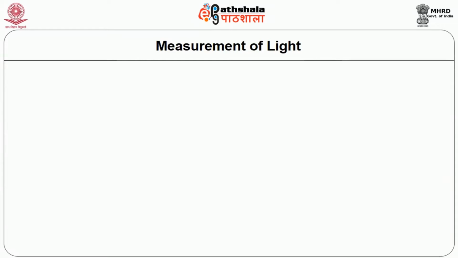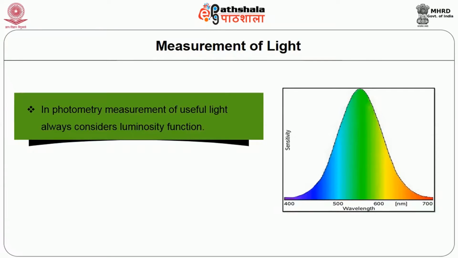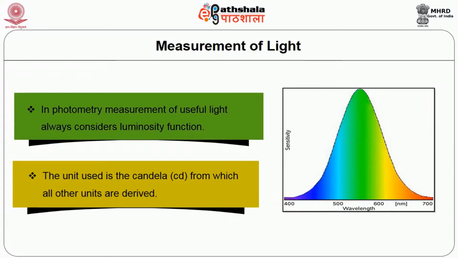You have to remember one of the important aspects showcasing sensitivity of the eye is luminosity function, which considers perception of wavelength. How you relate it here is in photometry. In photometry, measurement of useful light always considers luminosity function. The unit used is the candela, from which all other units are derived.